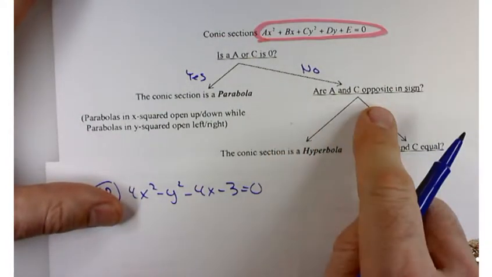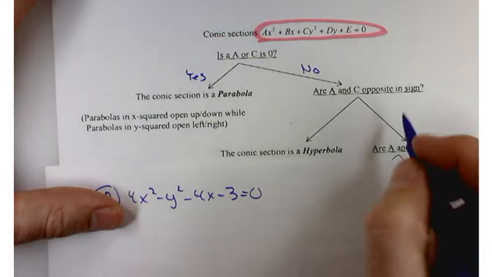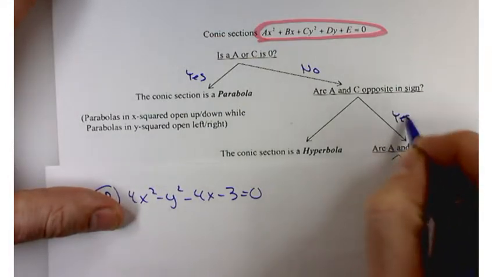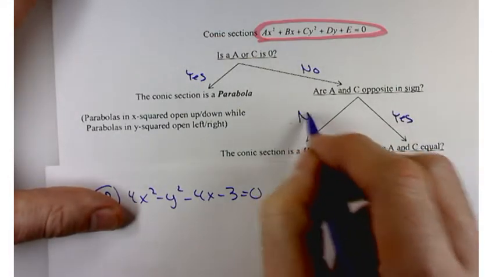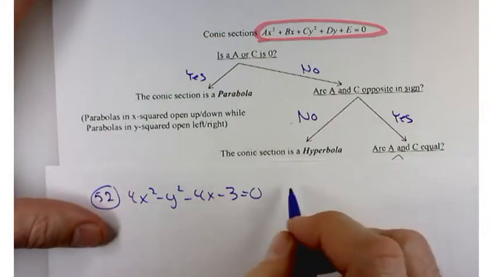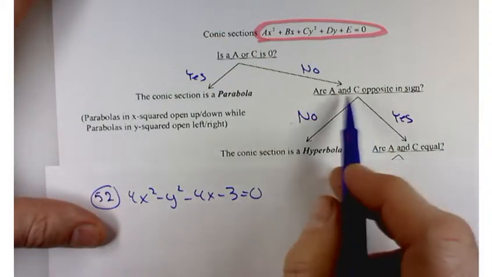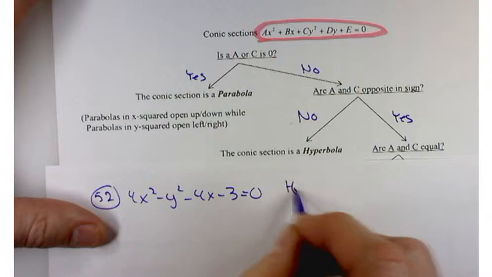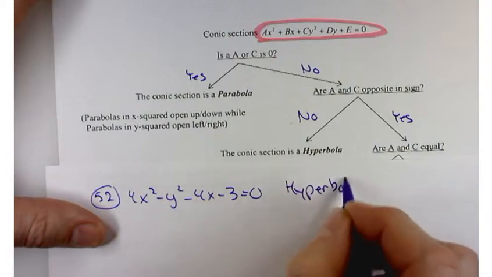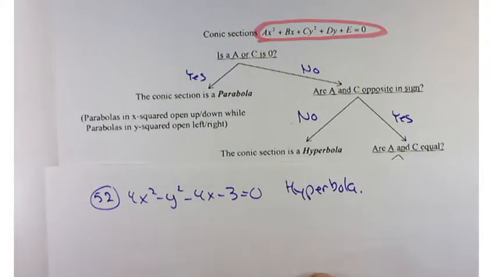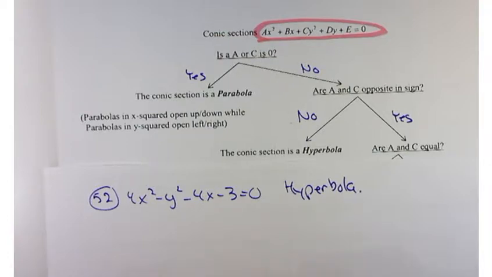If A and C are the same sign, then we've got another question. If they're not the same sign, then it's a hyperbola. So what do you think here? This one's a hyperbola. And that's it. That's what I want you to be able to do: understand what these graphs are.